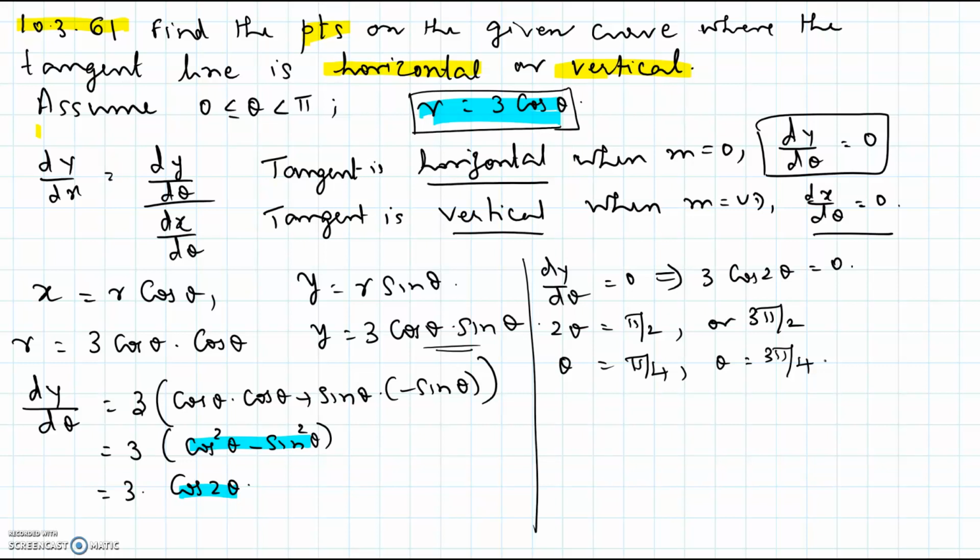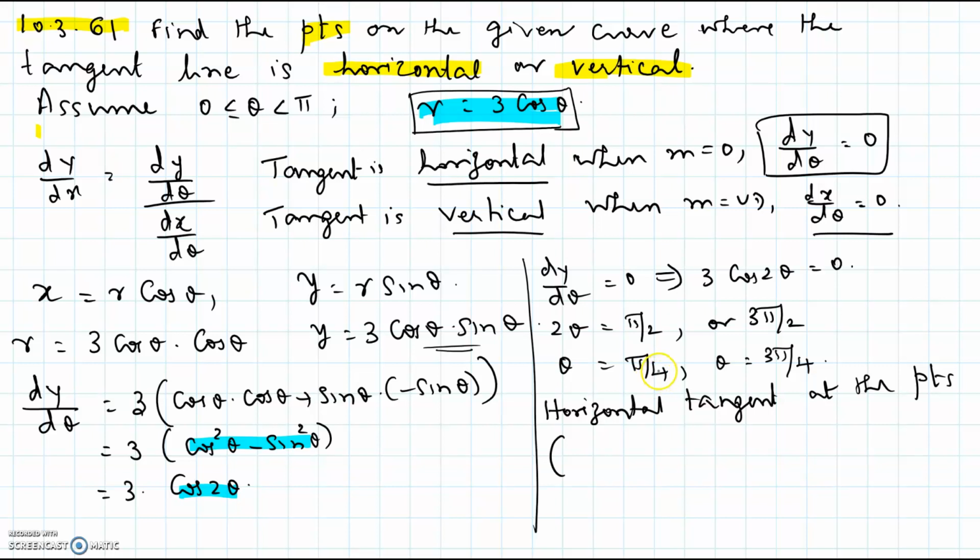So the question is to find the points on the polar curve where the tangent is horizontal. The points are (r, theta).